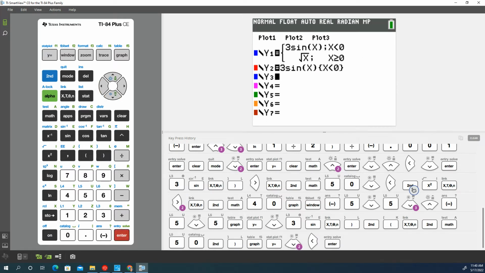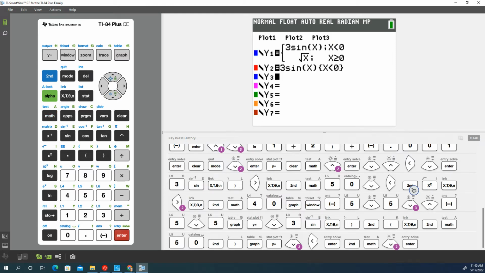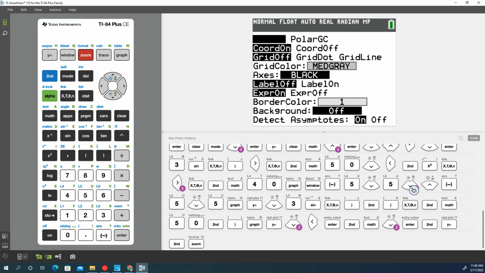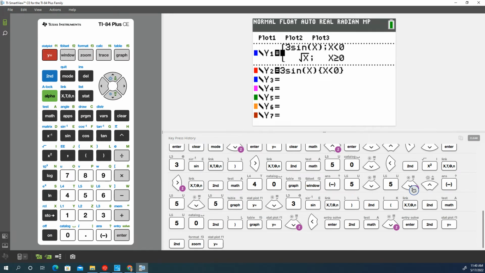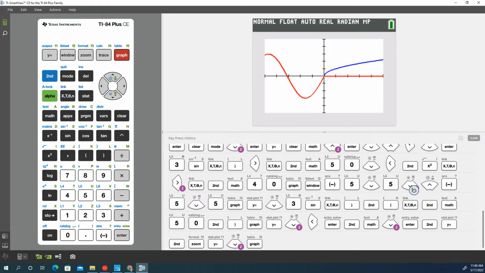Cool. There's a way to change it to an inequality. You have to have something turned on, I think. This worked though. I don't know why it did graph this piece though.